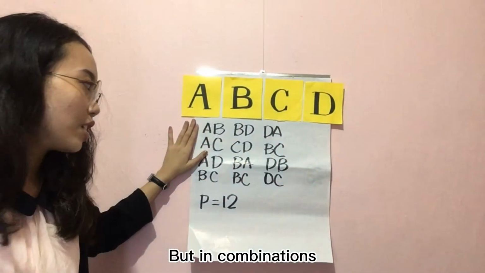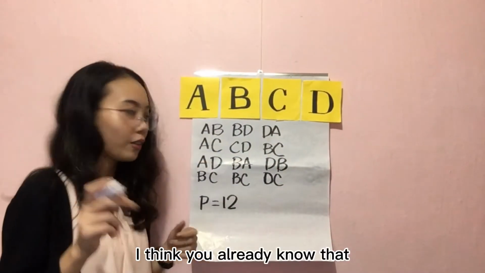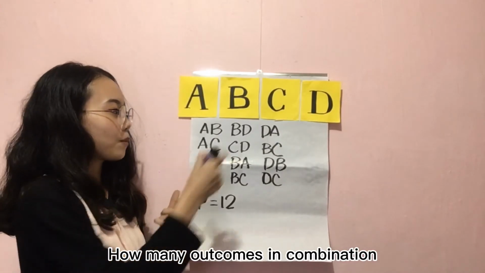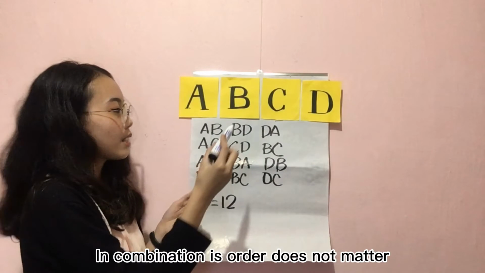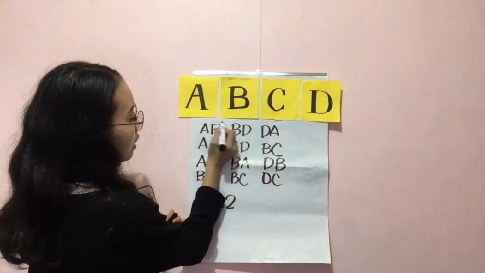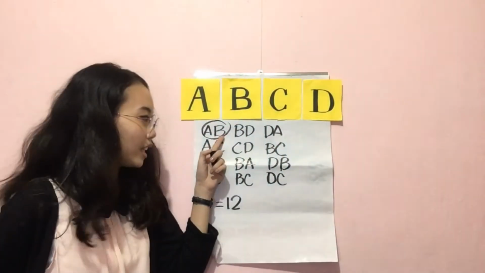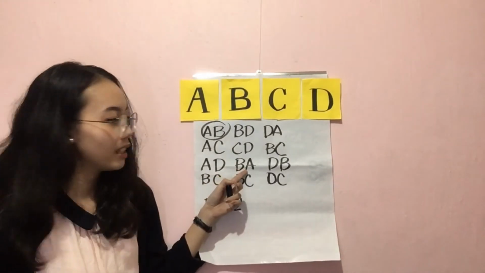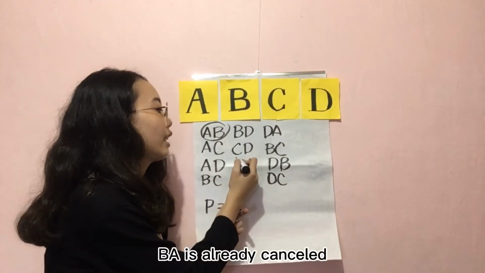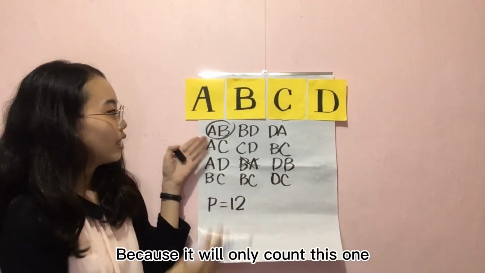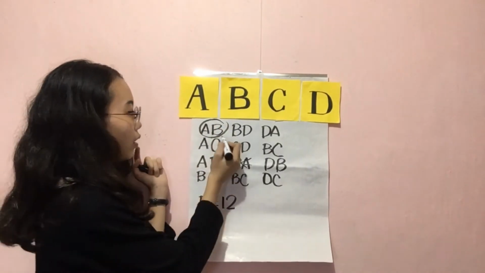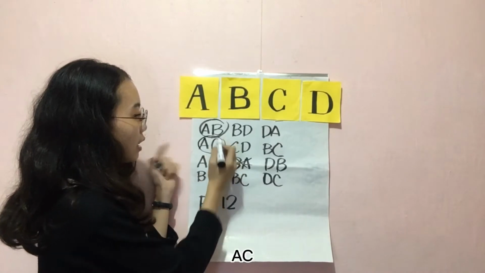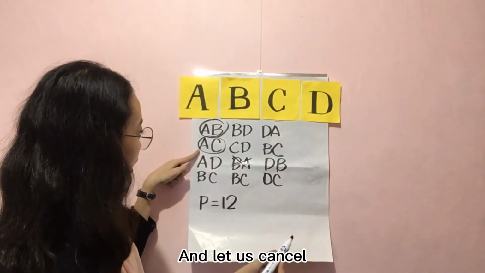But in combinations, I think you already know how many outcomes there are. In combinations, order doesn't matter, so AB and BA: BA is already cancelled because we will only count AB.